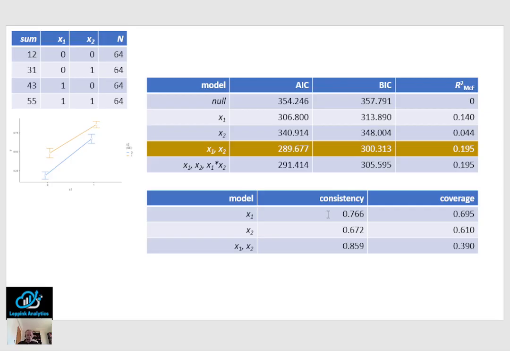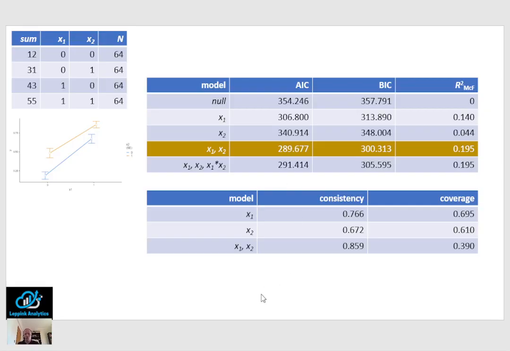The coverage is 0.695. Why? Well, the coverage is about how many of the success cases can be explained by x1, or literally are covered by x1.